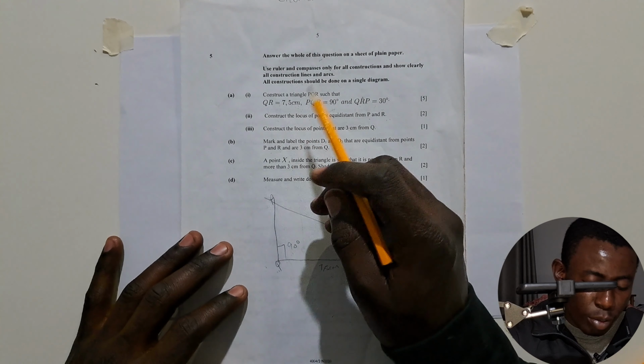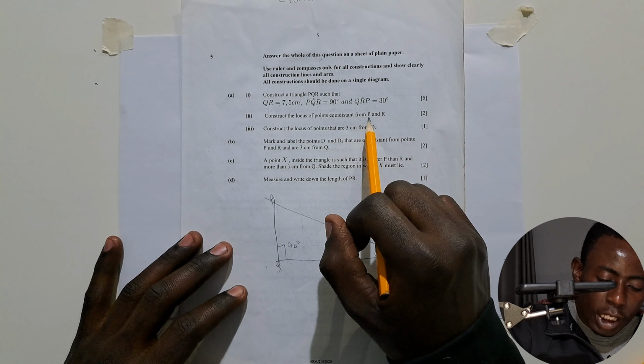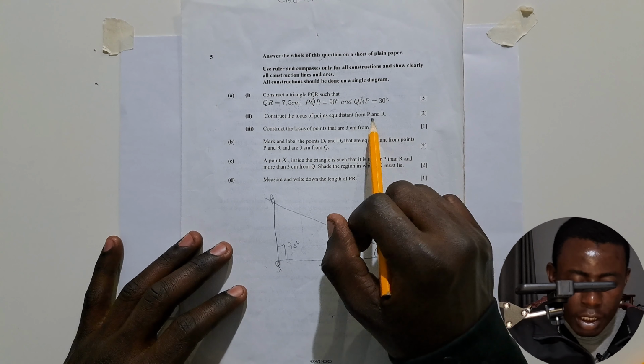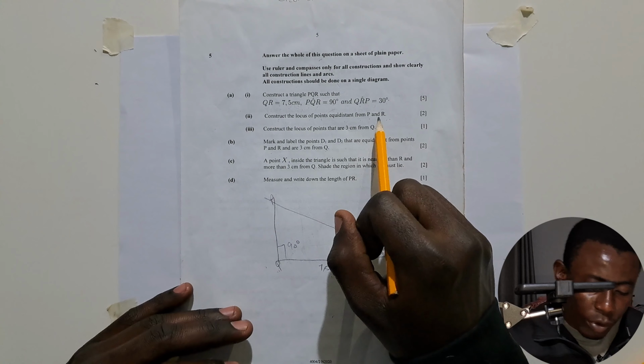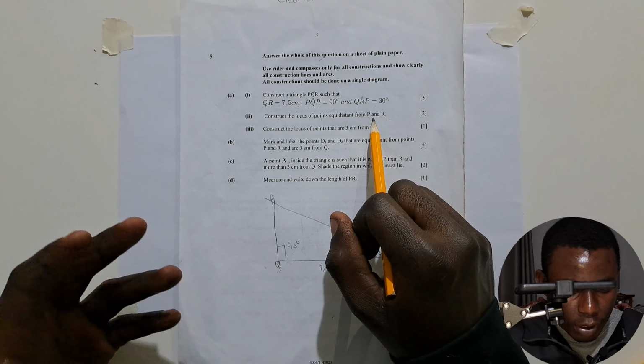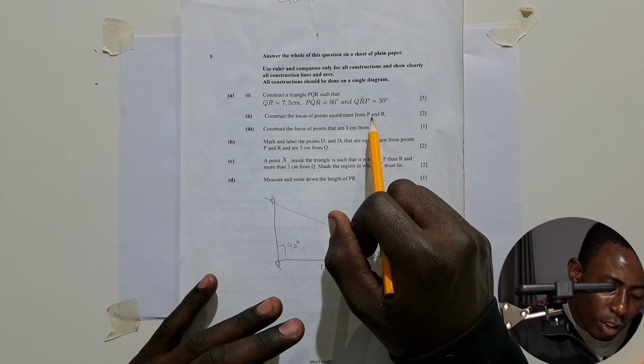And the second question says construct the locus of points equidistant from P and R. So points equidistant from P and R is simply the perpendicular bisector of the line PR.